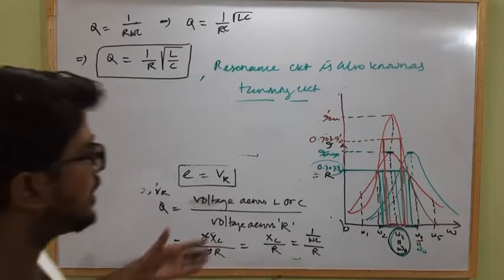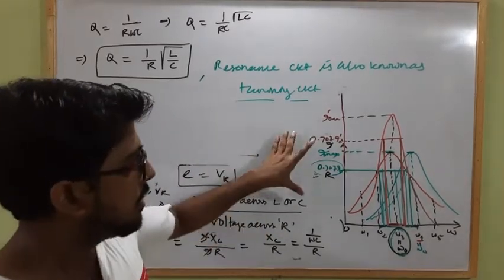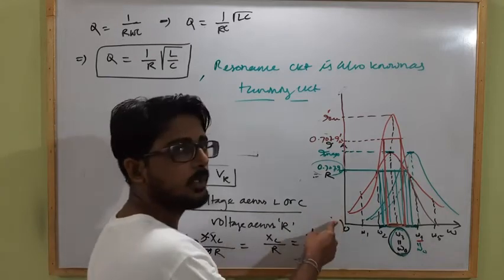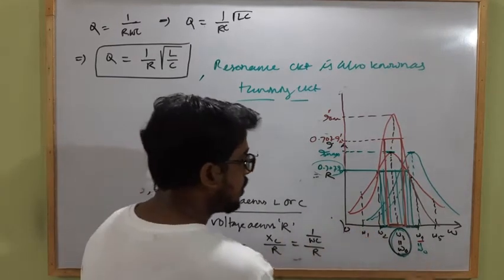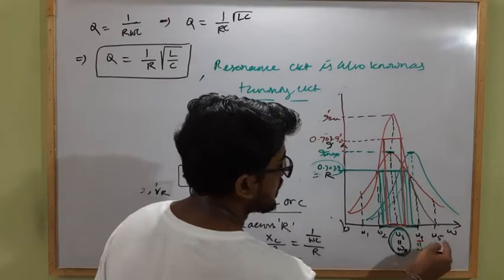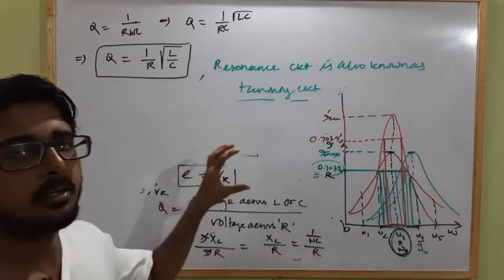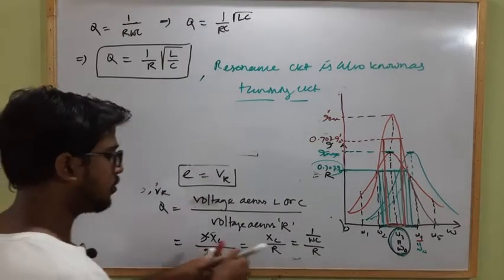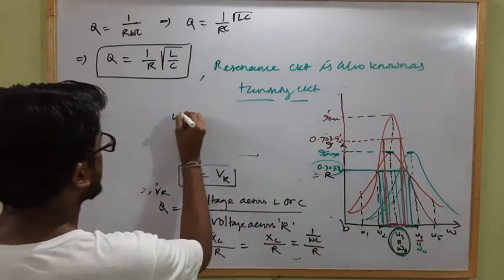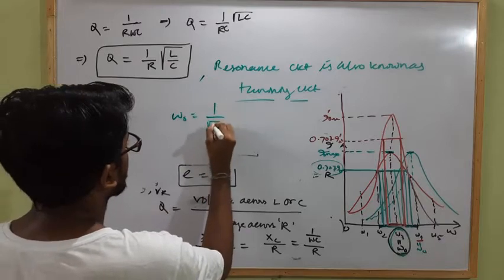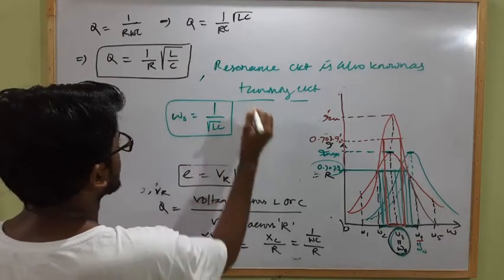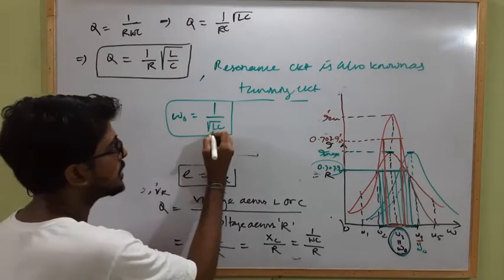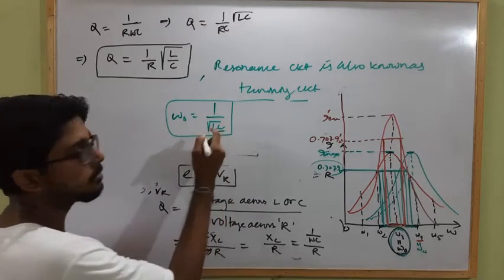So in a given LCR circuit, if we want to change its natural frequency according to the external input frequencies, then we have to change accordingly the capacitance or inductance of the LCR circuit, because you already know the natural frequency omega naught depends upon 1 by root over of L C. So if we want to change the value of natural frequency of the LCR circuit, we have to change the inductance or capacitance of the given circuit.